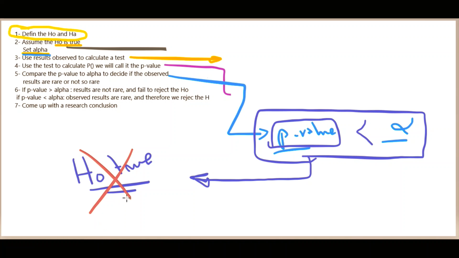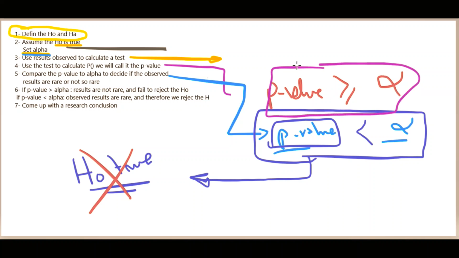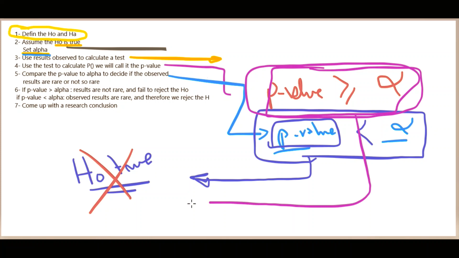On the other hand, if your p-value, the probability that you calculated, comes out greater than or equal to alpha, then whatever you observed is not rare, and you come back to your starting point, that the null is true. I cannot reject it, and you just stop there.